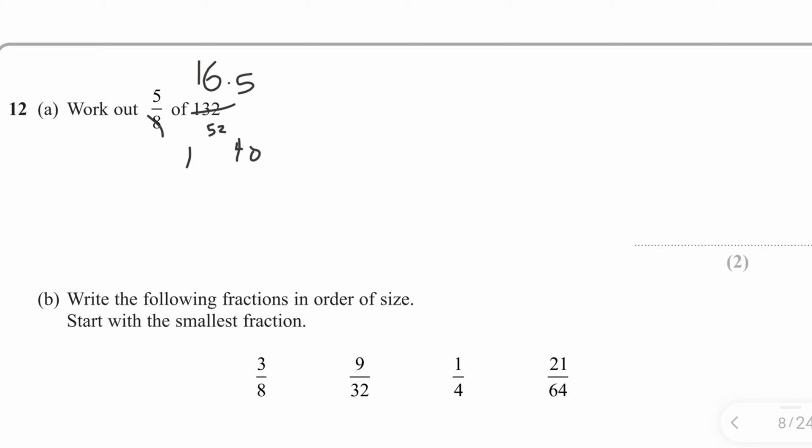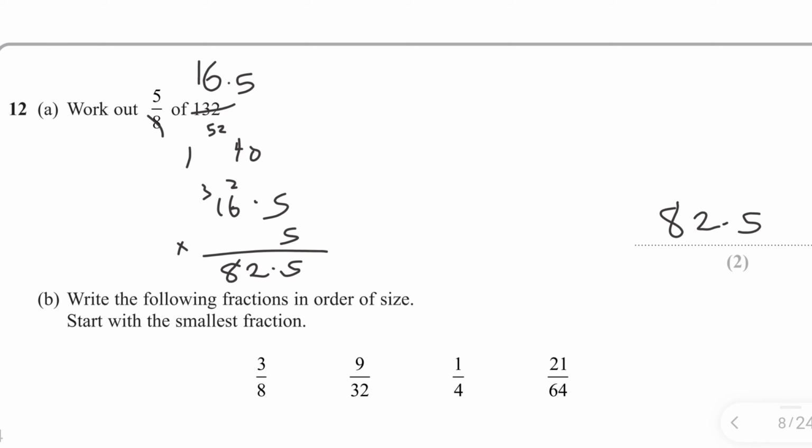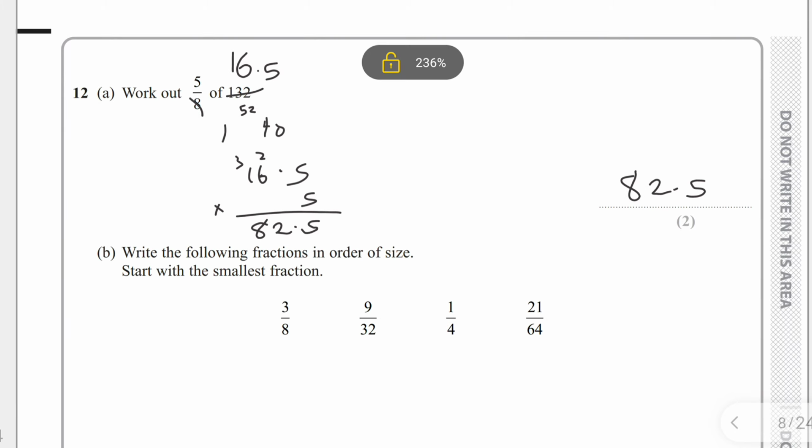So that is 16.5. So 16.5 times 5, this is 25, 5 here, 2 here, that is 30, plus 2, 32, then that is 5 plus 3, that is 8. So the answer is 82.5. This is a calculator problem, so you can easily use a calculator.